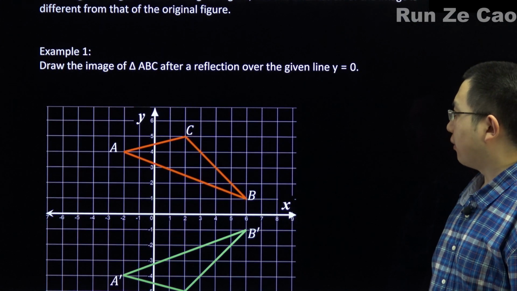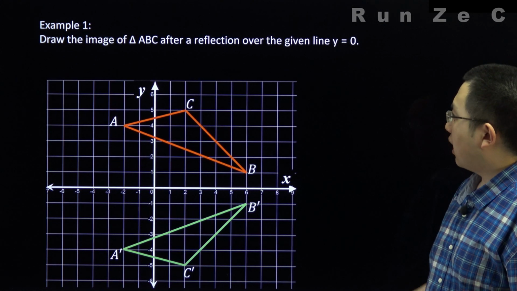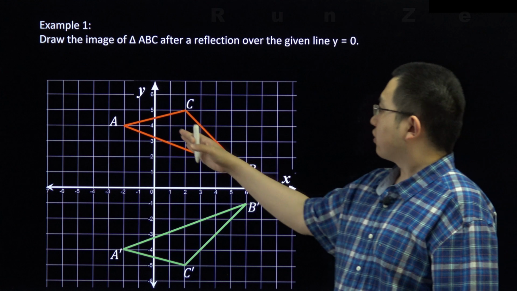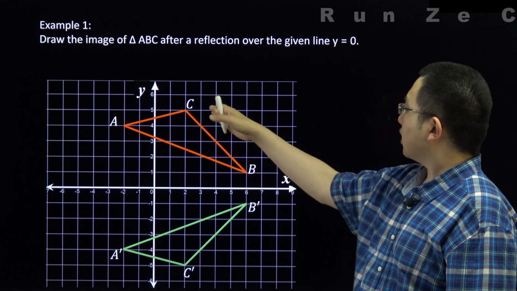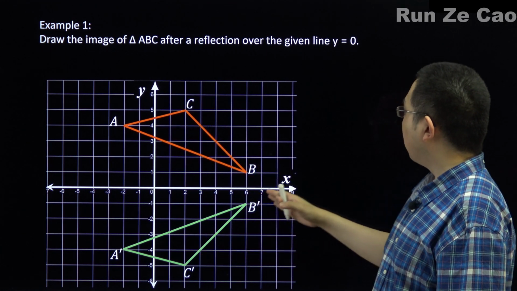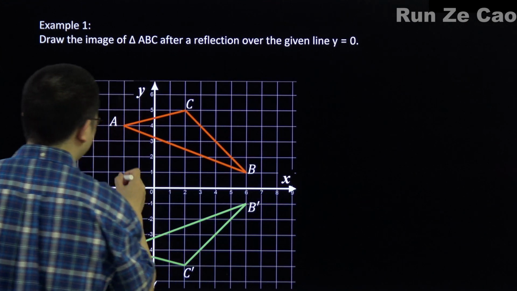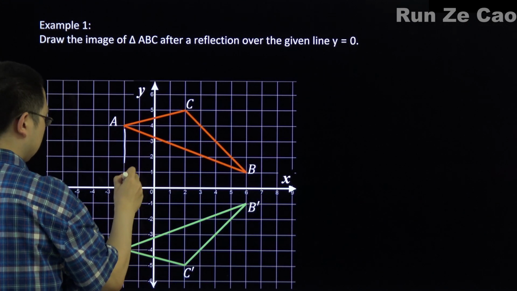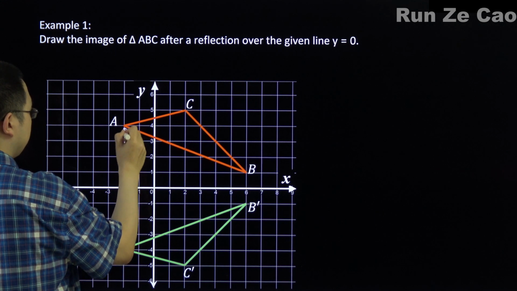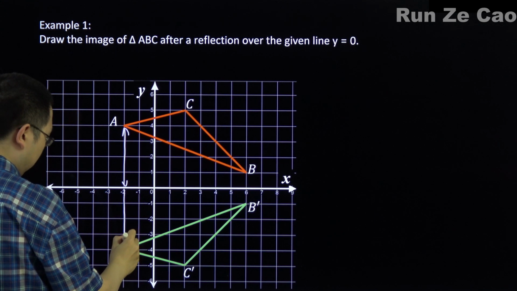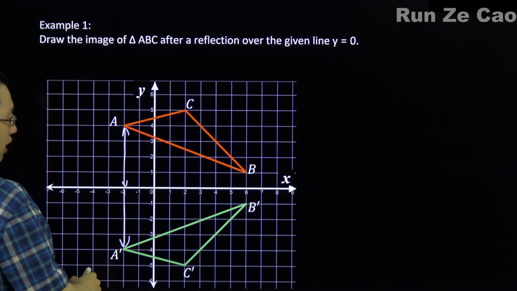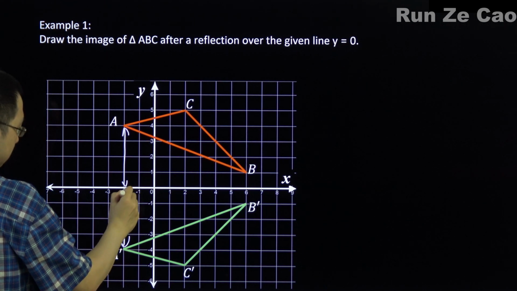For example, if you draw the image of triangle ABC after reflection over the given line y equals 0, what happens? Oh, hey, here you got 4 units, and you go 4 units across, down.